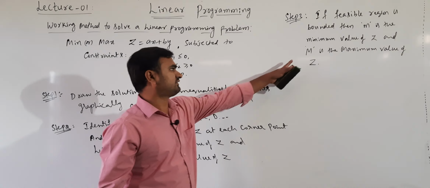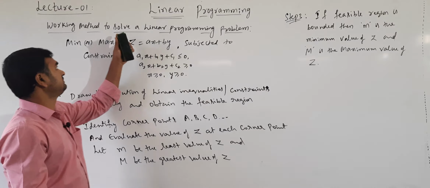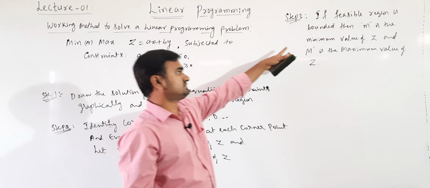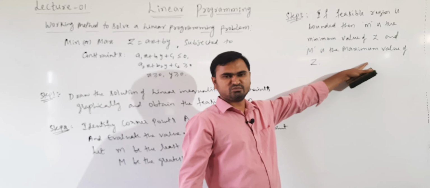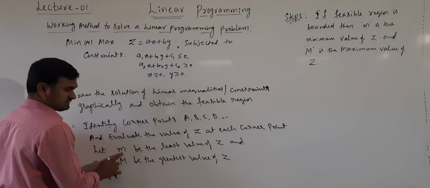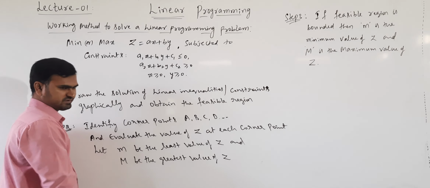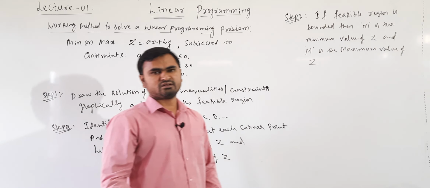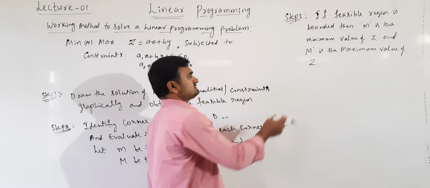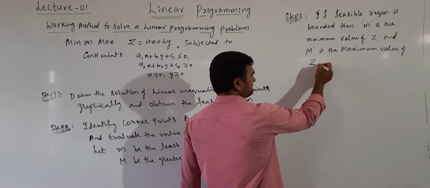Understand? This is what we are finding. We are finding the minimum value or maximum value of z. Okay. In case of bounded feasible region, we will be getting both the minimum value and maximum value. That least value m, small m, is called the minimum value, and the greatest value, capital M, it is called the maximum value of objective function. Understand? So this is for bounded feasible region.